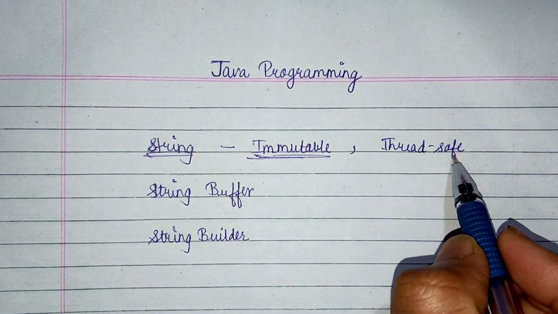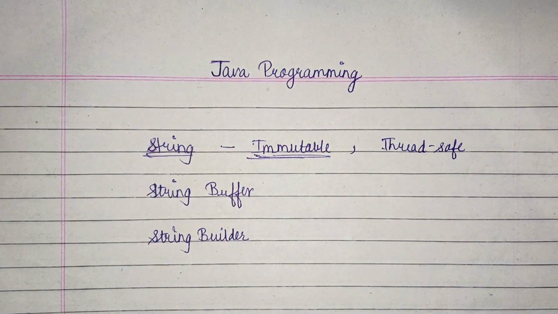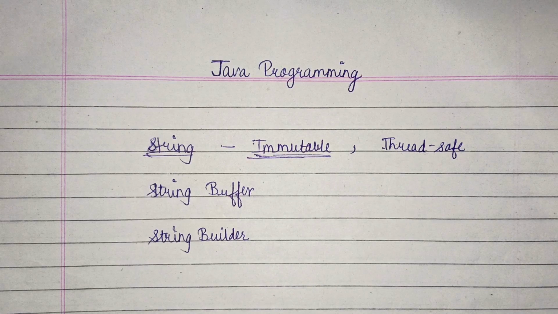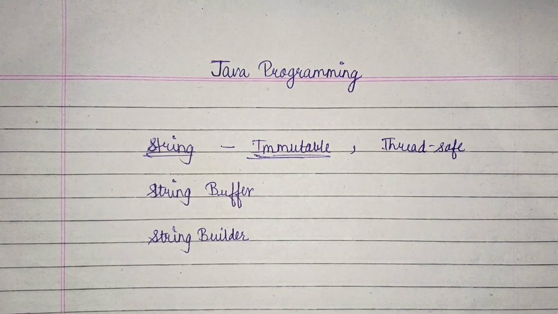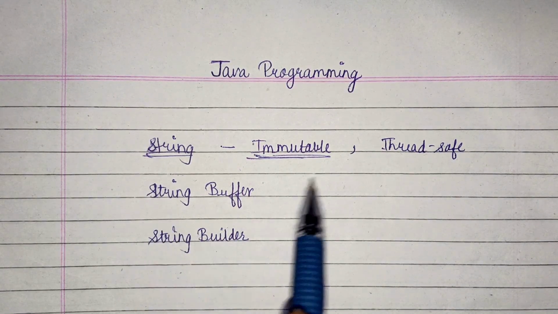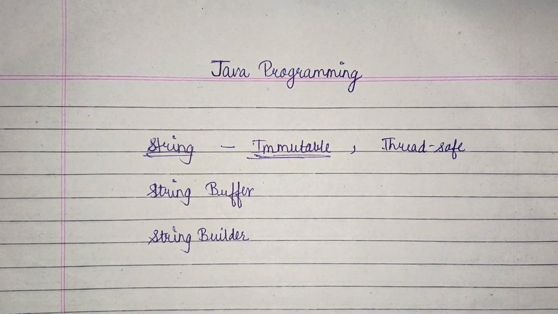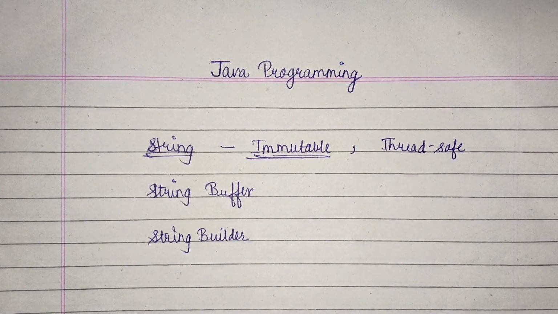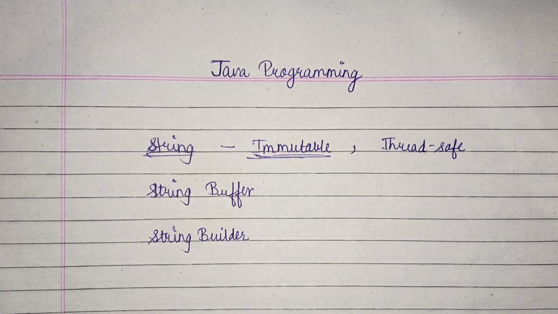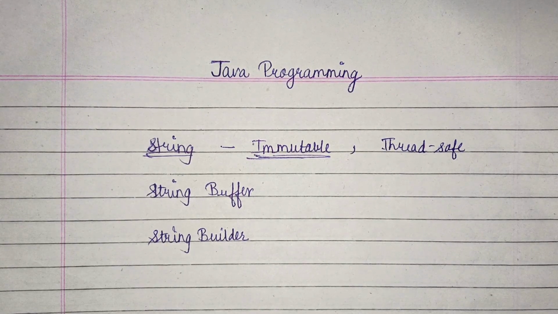And thread safe basically means we cannot get corrupted data in the string class. That's the basic idea of thread safe. We will see the thread topic in detail in further videos. It is just an overview.